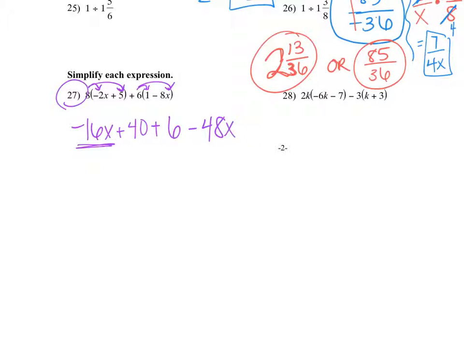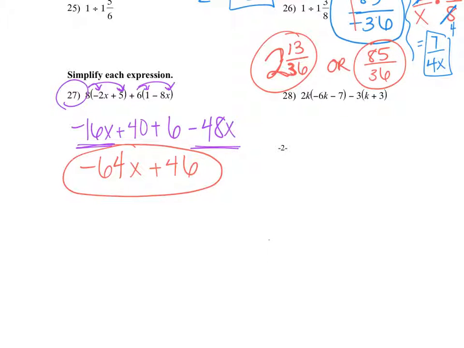I know that these two are like terms, and because they have the same sign, I can add them together and keep the sign. So I know this is going to be negative 64x plus 46, and this would be my answer. I can't divide by anything. I can't simplify because it's an expression, not an equation.